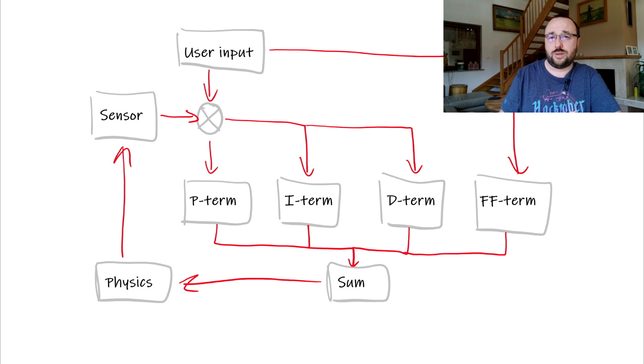All those three components are outputting some kind of number, and the same is happening with the feed-forward, which ignores the current measurement, only takes the set point. There is some operator which just adds the four of them and applies this to the physics part by actuators, like for example motors, propellers, or a heater, or a valve, or a fan, or anything, and this works with the feedback loop and once again puts the information on the sensor.